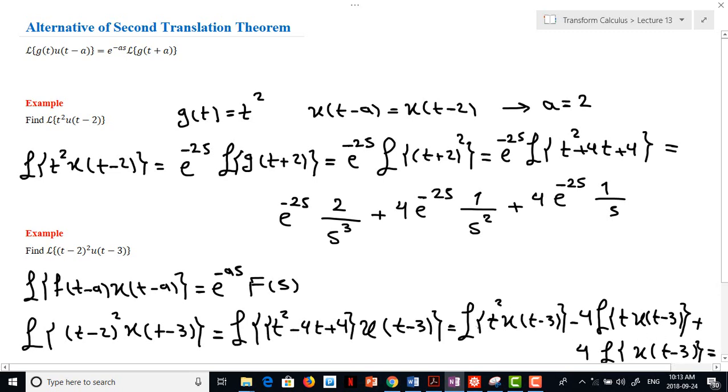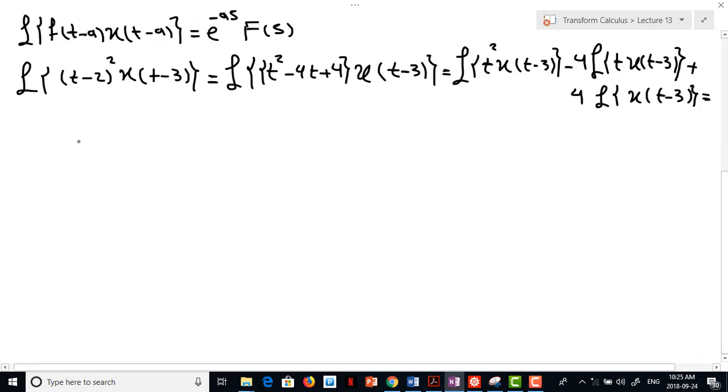Now for each term, for example, for t squared u(t minus 3), we have to use the alternative of the second translation theorem. For t times u(t minus 3), we have to use the alternative, and for the third part, 4 times u(t minus 3), again we have to use the alternative of the second translation theorem to find the Laplace transform of our function in this example.